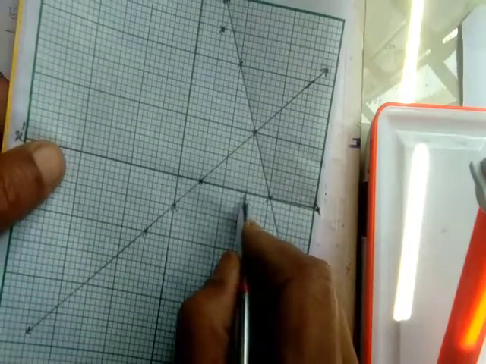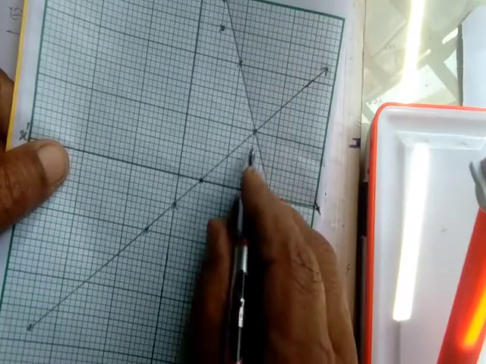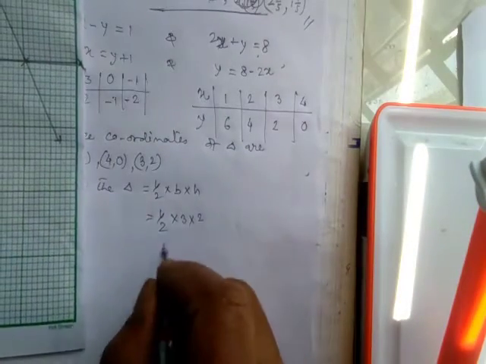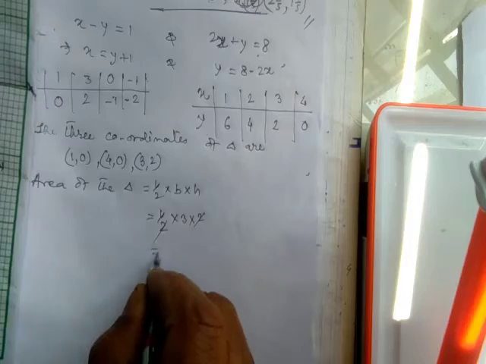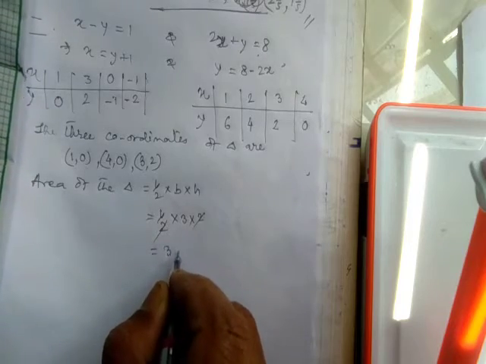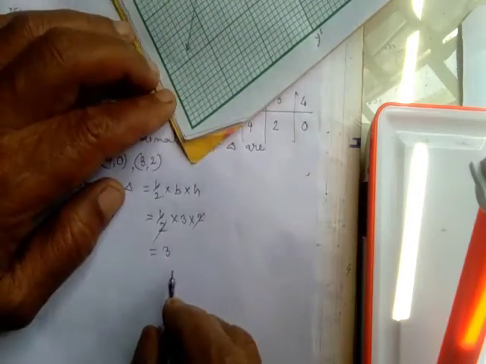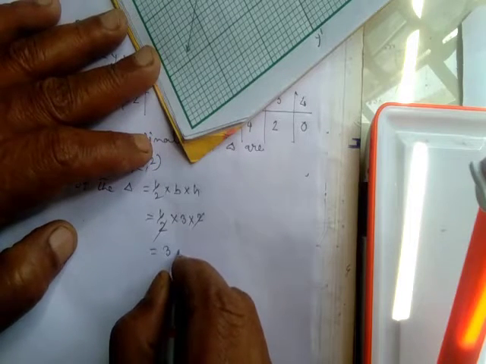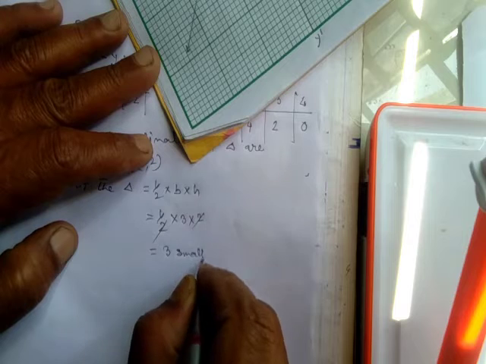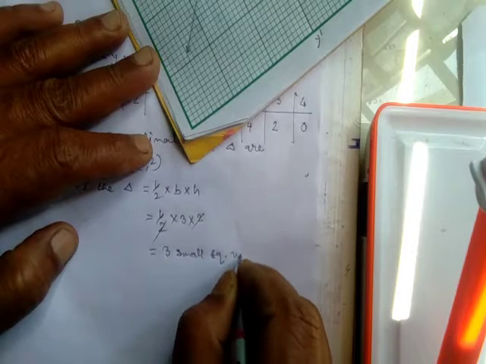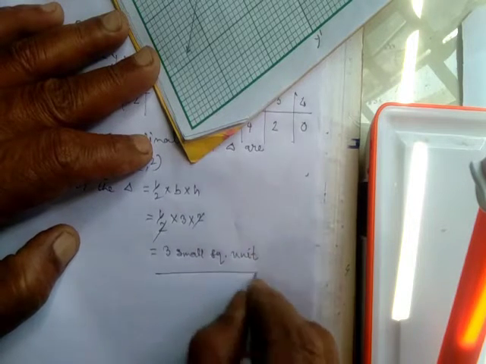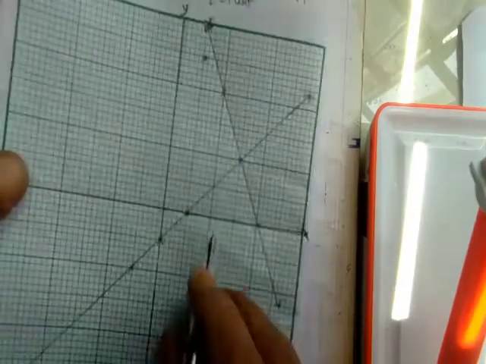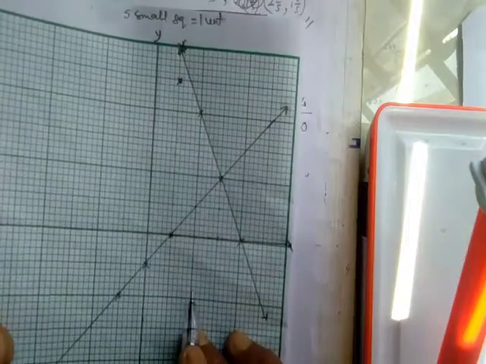The perpendicular height is 0, 1, 2, height is 2. The 2 cancels, and this is equal to 3 square units. So this is how the area of the triangle is obtained.